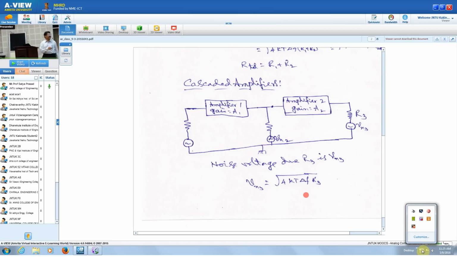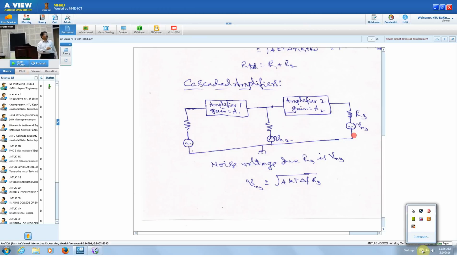Suppose this is the voltage developed across this because of this resistance. Without this noise source, if we reflect this at the input, what should be the input voltage at this point to get this noise Vn3, assuming R3 is a noise-free resistor?